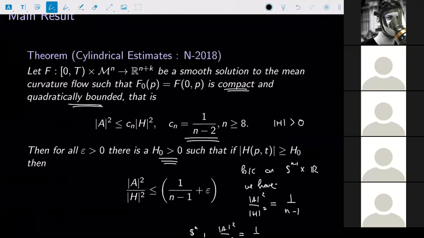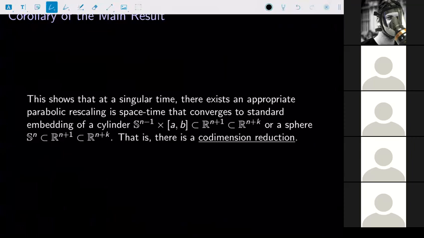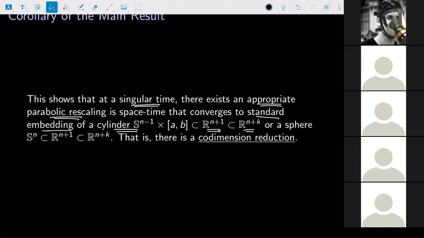This curvature estimate suggests that it only approaches the curvature of the cylinder, but actually you can prove more: at a singular time, you can have an appropriate parabolic rescaling of your mean curvature flow in space-time, so that the rescalings actually converge to a standard embedding of a cylinder S^(n-1) cross R, which lives inside R^(n+1), which lives inside of R^(n+k).